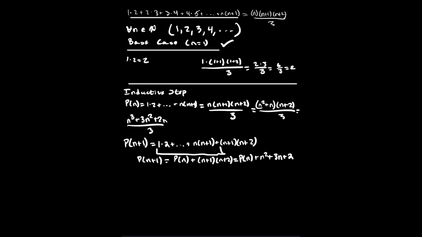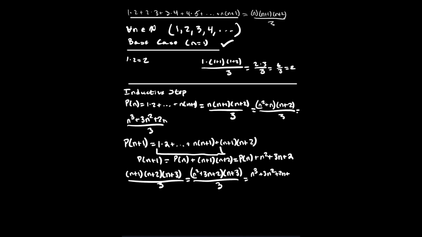So n plus 1 times n plus 2 times n plus 3 all over 3. And I'm going to factor this out. So n squared plus 3n plus 2 times n plus 3, n cubed plus 3n squared plus 2n plus 3n squared.